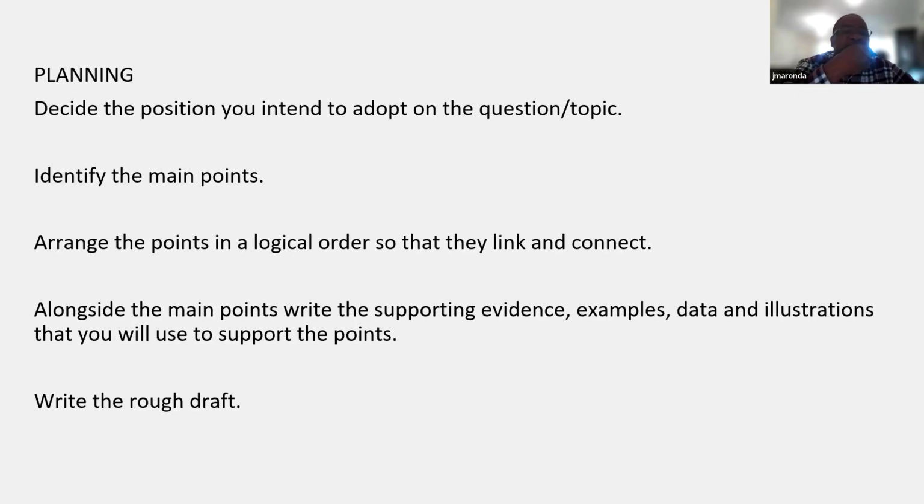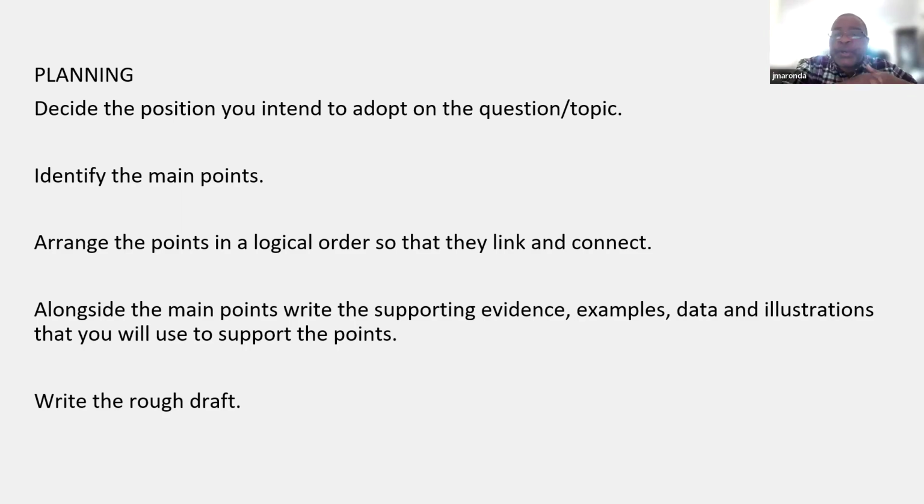Now, at the planning stage, you need to decide on the position you want to adopt in responding to the question. Identify the main points. Arrange those points in a logical order, in a way that connects each one idea to the next.